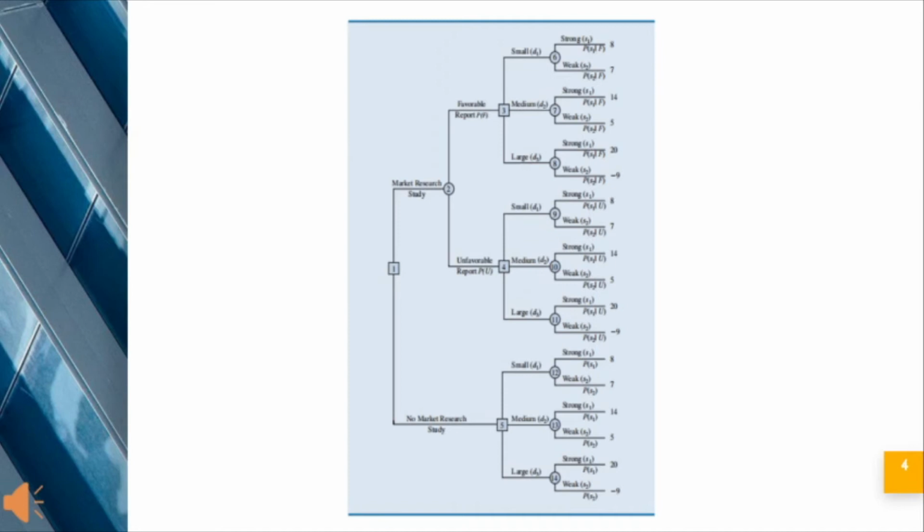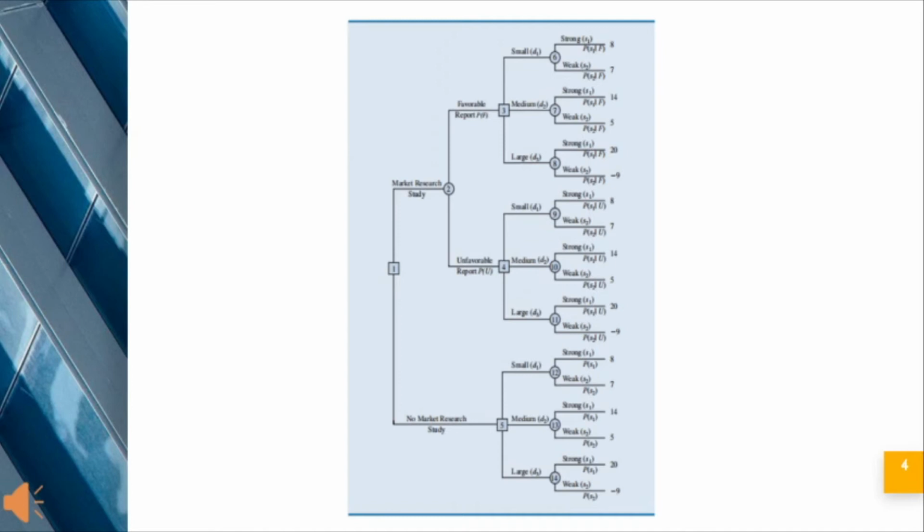So these are referred to as posterior probabilities because they are conditional probabilities based on the outcome of the sample information.